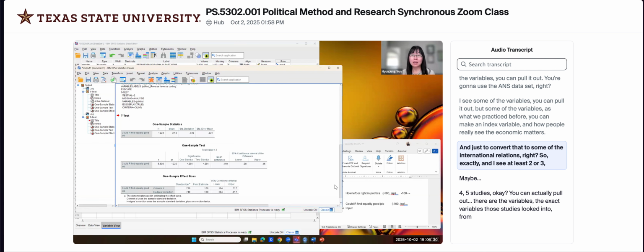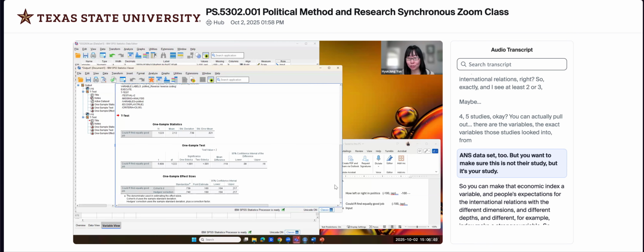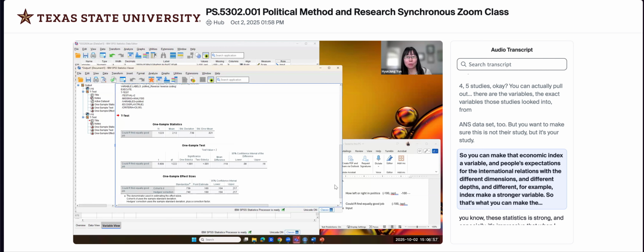I see at least two or three, maybe four or five studies where you can pull out the exact variables they looked into from the ANES data set too. But you want to make sure this is not their study, but your study. So you can make that economic index variable and people's expectations for international relations with different dimensions and depths to make a stronger variable.